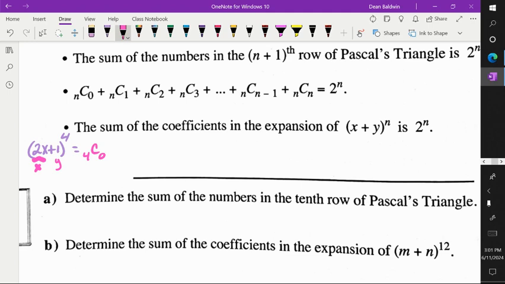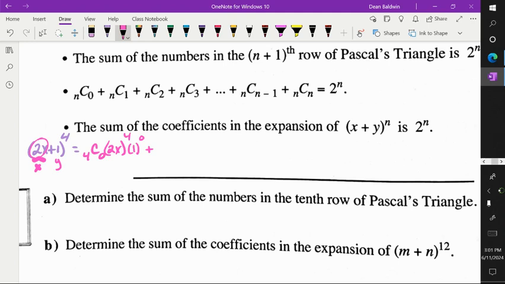Okay? Because what's 4 choose 0? It's 1, right? It's the outside of the triangle. This term, your x term, to that power. And just for completeness, I'm going to write the other term, but you don't have to. Because it's going to be the y term to the 0 power.